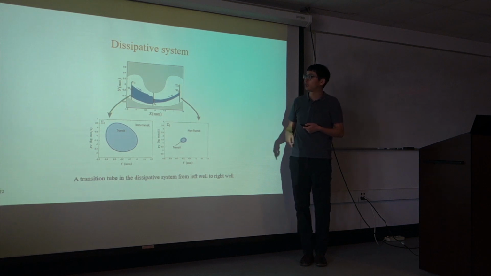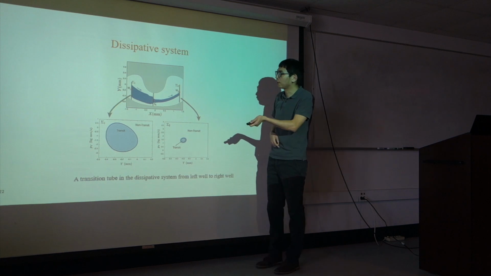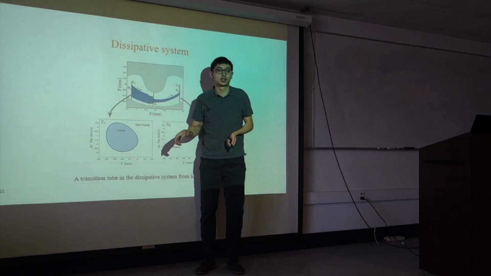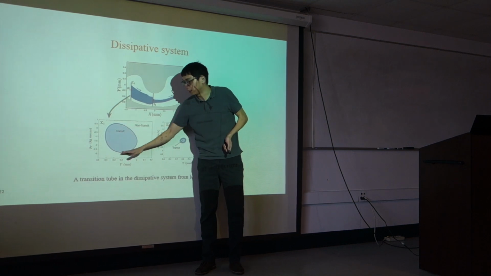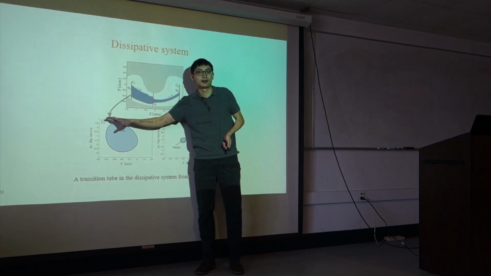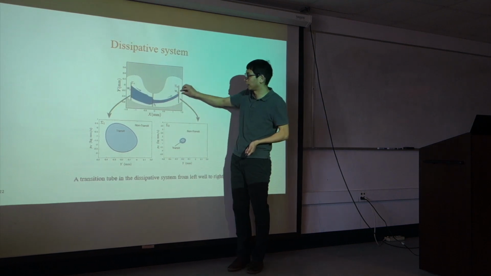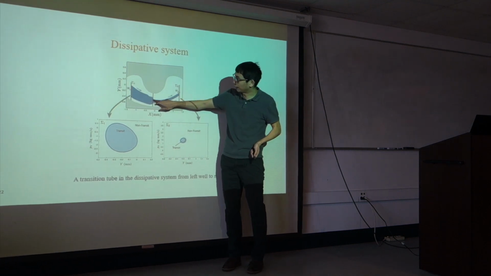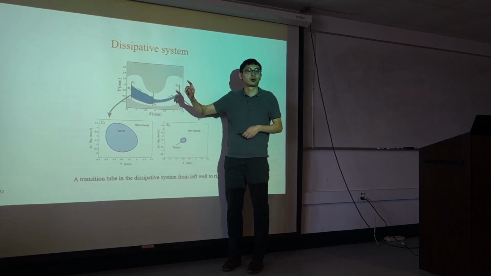Then I give the dissipative system. Here, the difference is I just obtained the transition boundary on this puncture section, and then I obtain a lot of initial conditions on the boundary, and I integrate forward in time, so I can obtain a tube here. You can notice that around the saddle, the size of the tube shrinks dramatically.